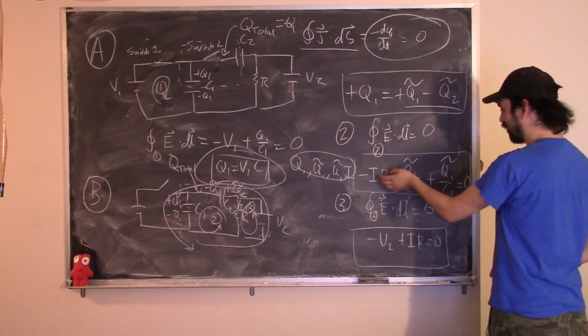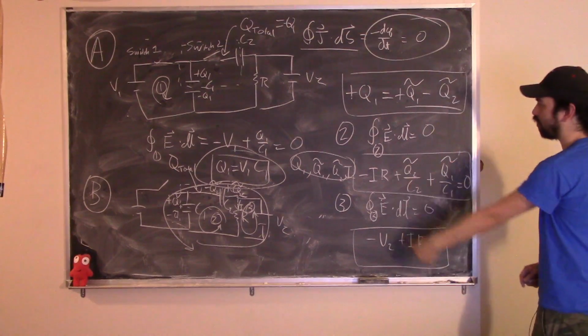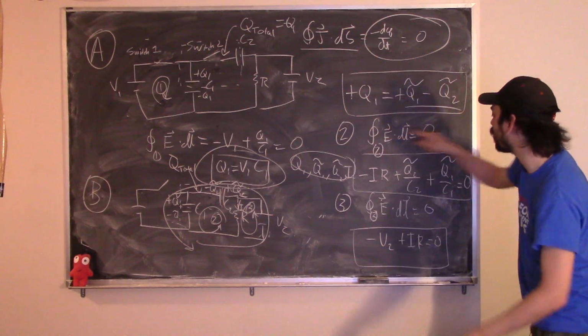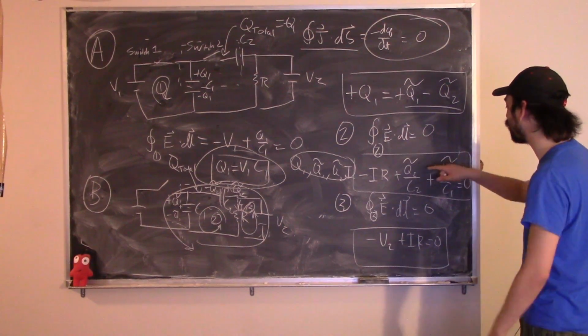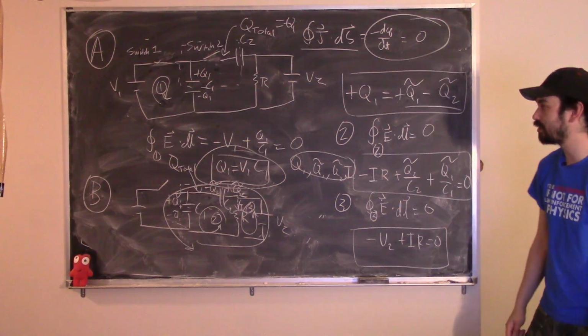Plug my I into this equation. Then this equation would only have a Q2 tilde. I could solve for that, and then I could take whatever I found Q2 tilde to be and plug it back into this equation, and that would give me what Q1 tilde is.